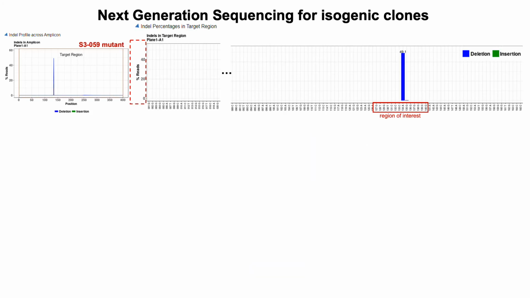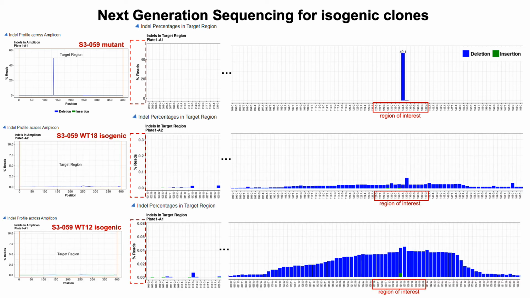Next, we also confirmed the edited iPSC clones after we corrected them, using next generation sequencing. As we can see here, the number of reads and the percentage of reads for the S3059 heterozygous mutations with a deletion of A in this region of interest. This is from S3059, the parent line, which we employed for correcting to get the isogenic clones.